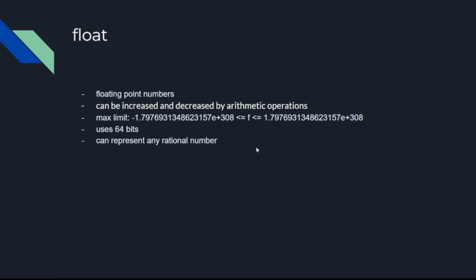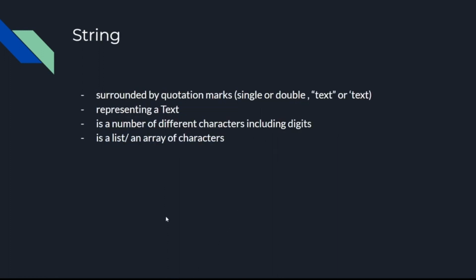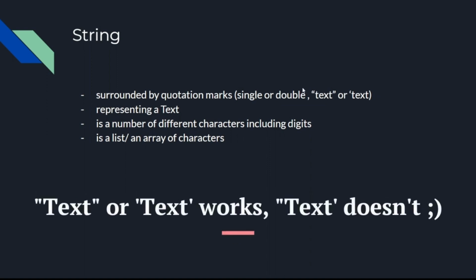So as already mentioned, a string is representing a text and is surrounded, and that's important, by quotation marks, like a single or a double quotation mark. Text or text, yeah, I missed the ending quotation mark, because there's always a quotation mark at the beginning of a string and a quotation mark at the end of the string, but you can only combine matching quotation marks.